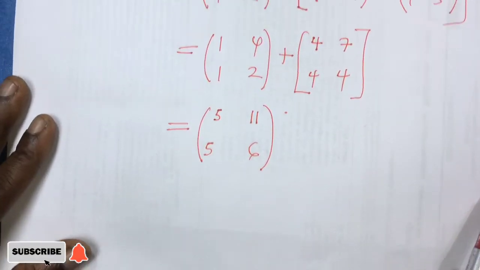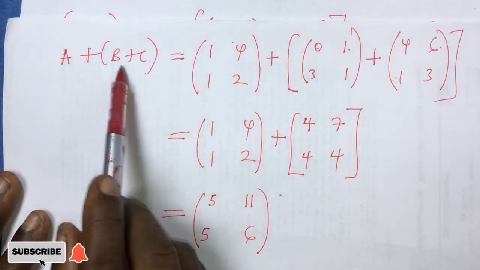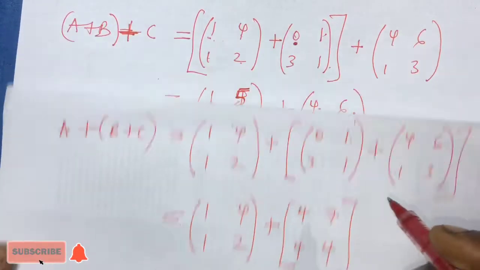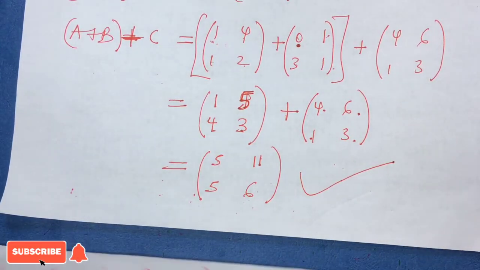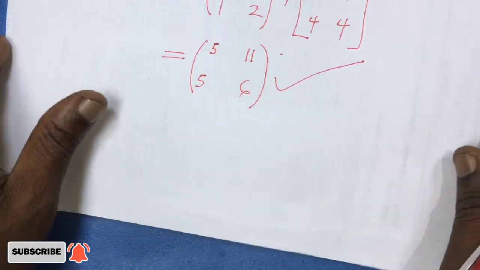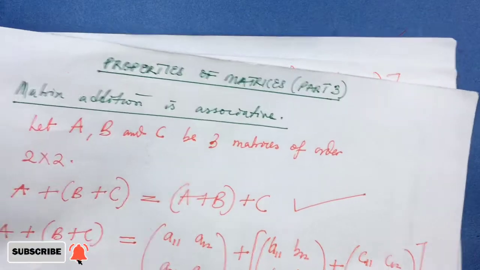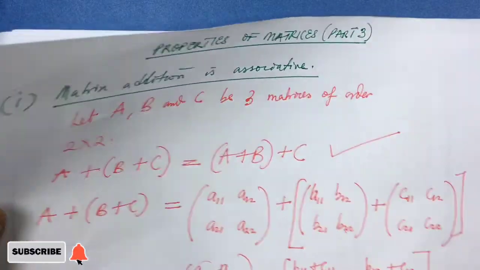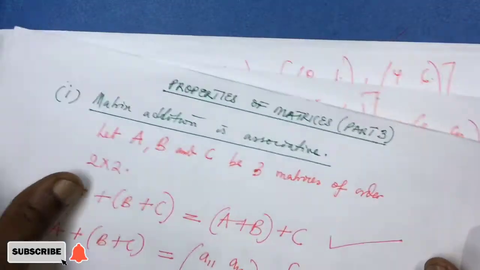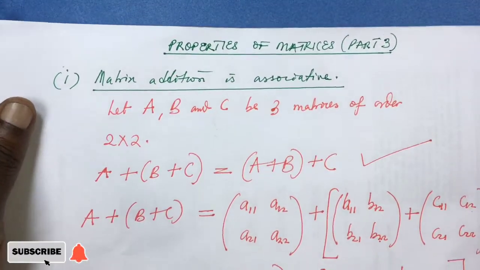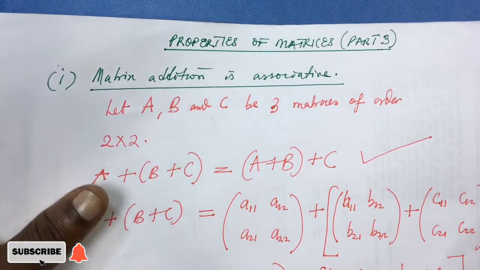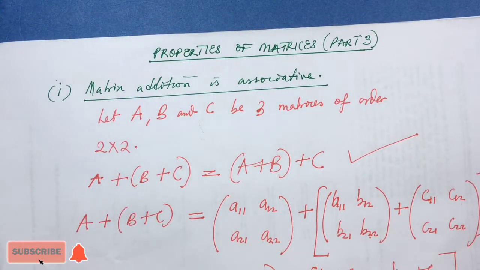Look at what we obtained for A plus in bracket B plus C. The results are the same. So that concludes my discussion on matrix addition. So remember guys, matrix addition is associative. Matrix addition is associative.